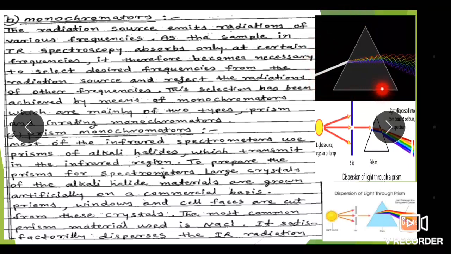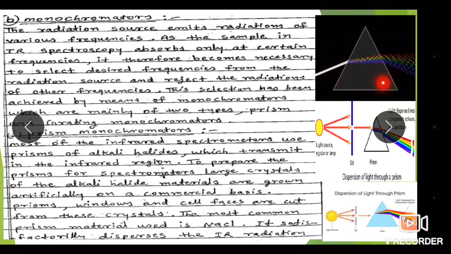See here how dispersion of light into different wavelengths takes place after passing white light through the prism. We get different colored light: red, orange, green, blue, purple.